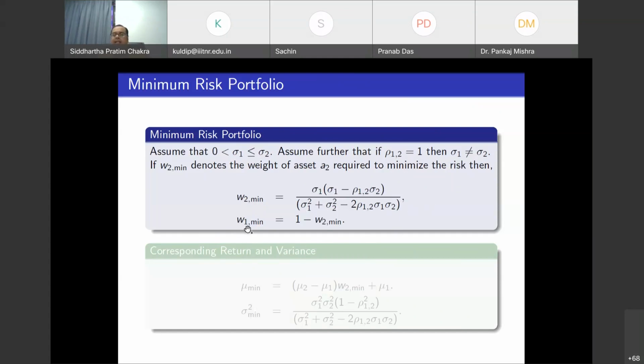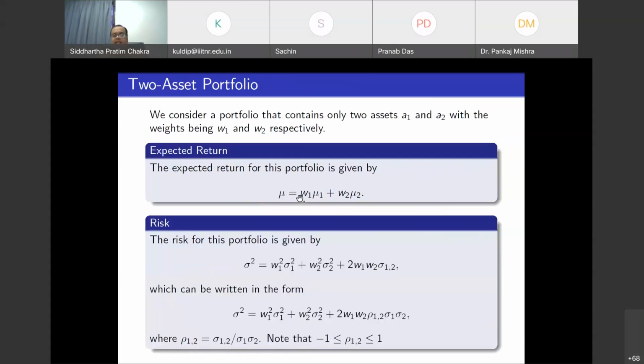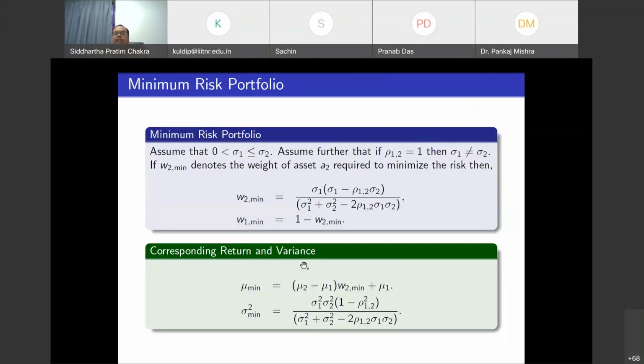And naturally your W1 mean is going to be 1 minus W2 mean. You just take 1 minus of this because W1 plus W2 is always equal to 1. Now, once you put this value of W1 mean and W2 mean in this relation, if we substitute the value of W1 and W2 here, then we will get the corresponding return as well as the variance.